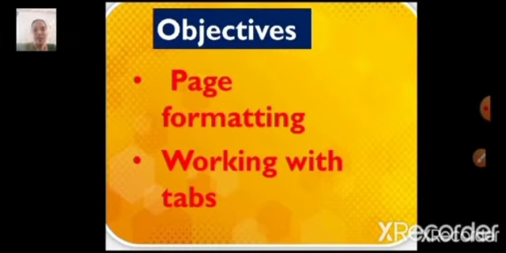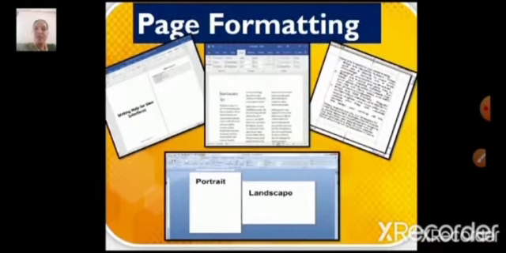Now we are going to learn about page formatting. Changing the look of text was called text formatting. Now, to change the look of the page, the settings we make to change the appearance of the page are called page formatting.